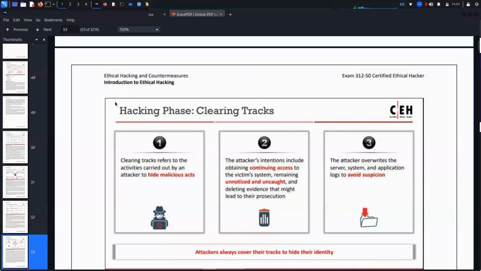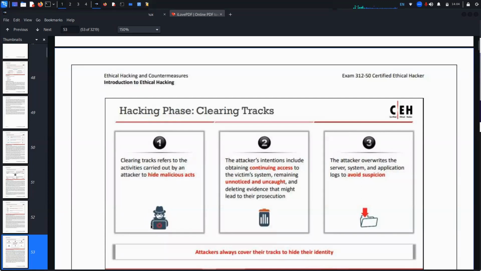Now, either we turn logging off or we delete the logs completely for the time that we have been on the system. Say I've hacked in at 1 a.m. in the morning and I completed my hack up until 3 a.m. So I delete the logs from 12:30 a.m. to 3:30 a.m. to be safe. So that is what we use.